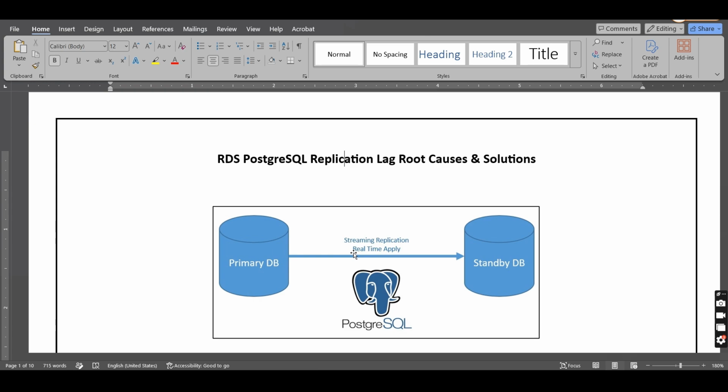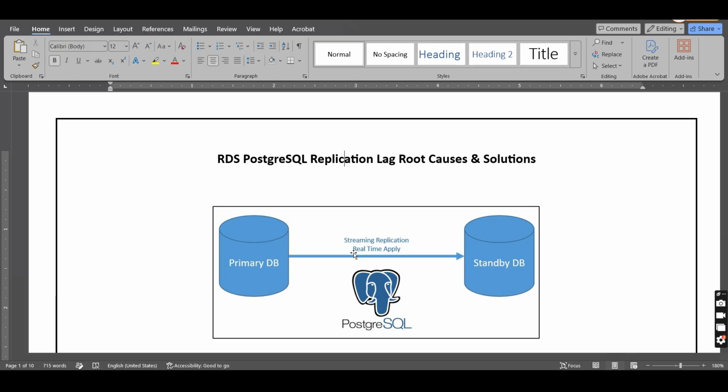There are a couple of types of replication, physical replication and logical replication. But in this video, we are going to discuss only replication lag, its root causes, and their possible solutions.